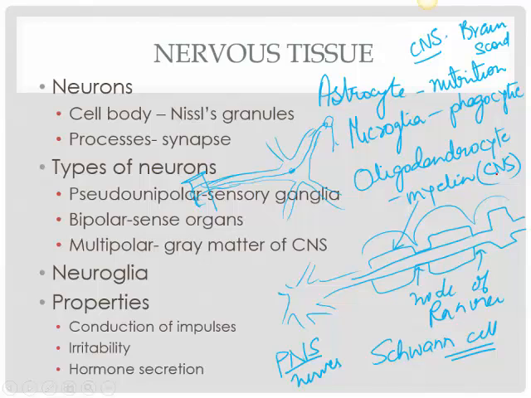Myelin in the central nervous system is laid down by oligodendrocyte. Myelin in the peripheral nervous system, where nerves are present in the periphery, is different. Brain and spinal cord are present in your skull and vertebral canal. The nerves come out to your limbs and your trunk. There the myelin is laid down by a special cell called the Schwann cell. It's called the peripheral nervous system.